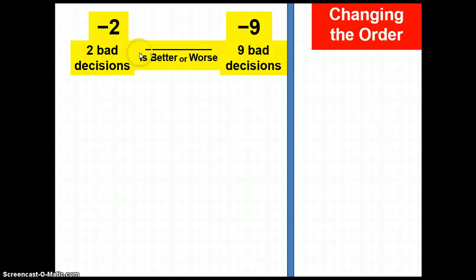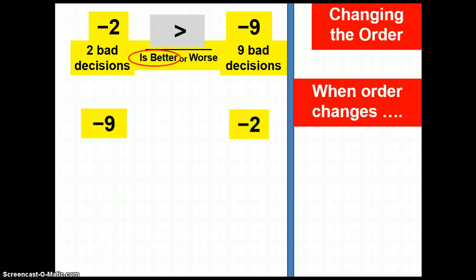How about, are 2 bad decisions better or worse than 9 bad decisions? I know bad things are bad, but if you had to choose, are 2 bad better or worse than 9 bad? Better, right? It's not that much better, but it's better. Now, if I change the order again, is the relationship still the same?